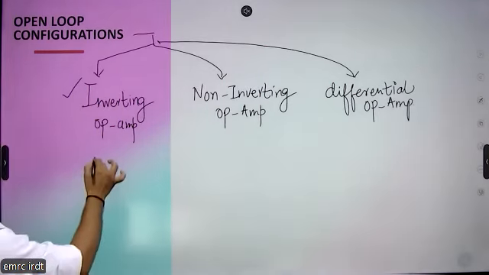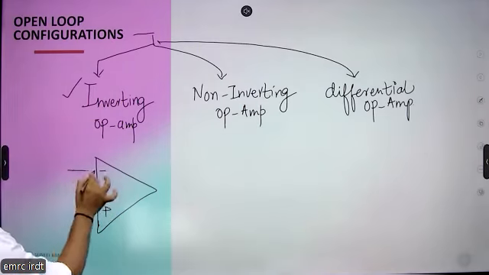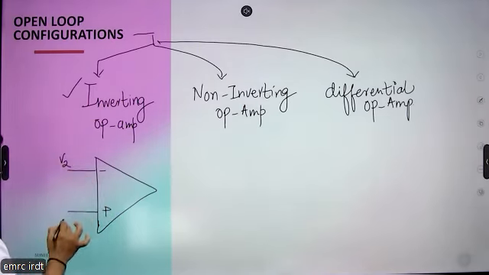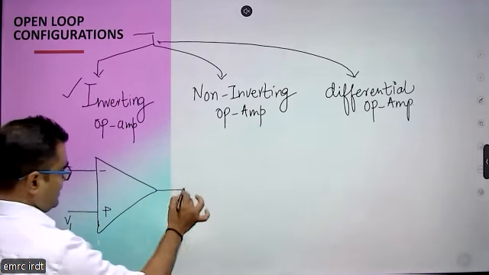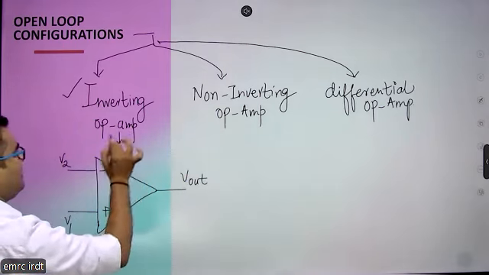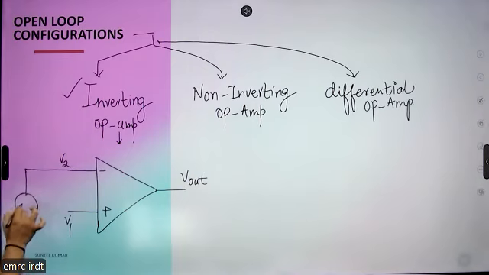So here we have this op amp, that is the inverting terminal. This is V2. This one is V1. This one is V output. So we want to make this an inverting op amp. What we will do is connect the voltage at the inverting terminal. Here we have V input 2.